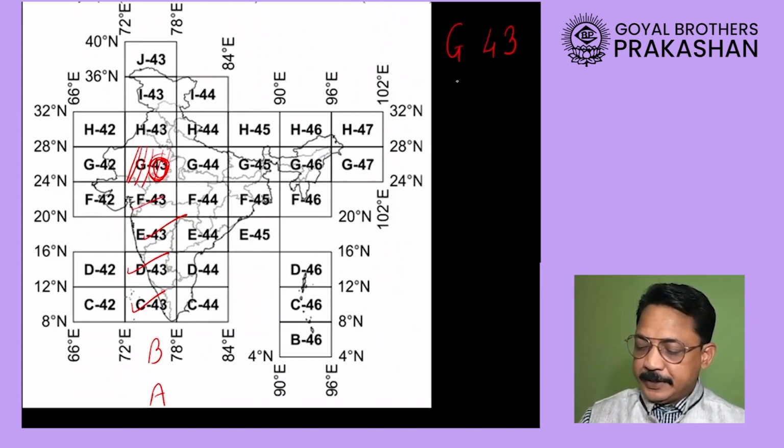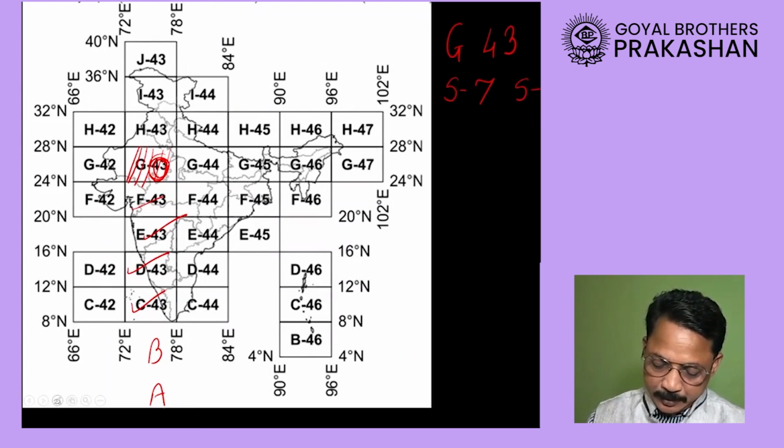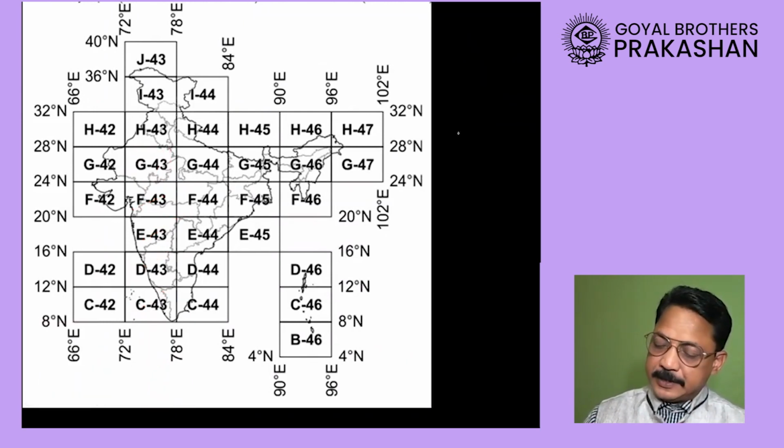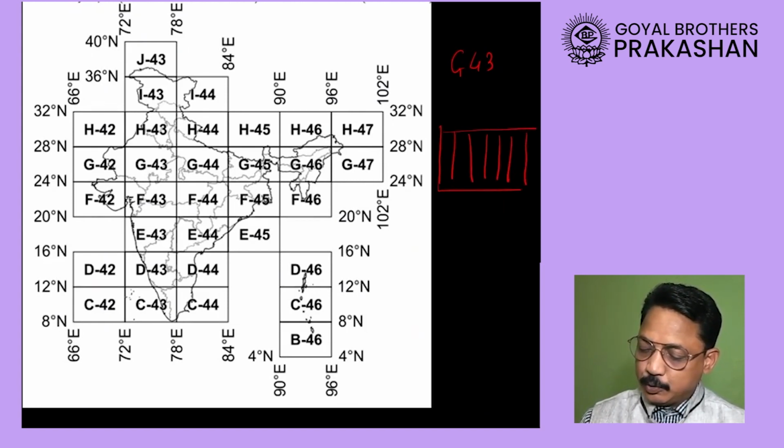Now, after seeing this, we will see from where S7 and S10 are given on the map. Please remember, dear students, that this G43 itself is made up of 1, 2, 3, 4, 5, 6 further parts, which are further divided into 4 parts. Why is this divided into 6 and 4?